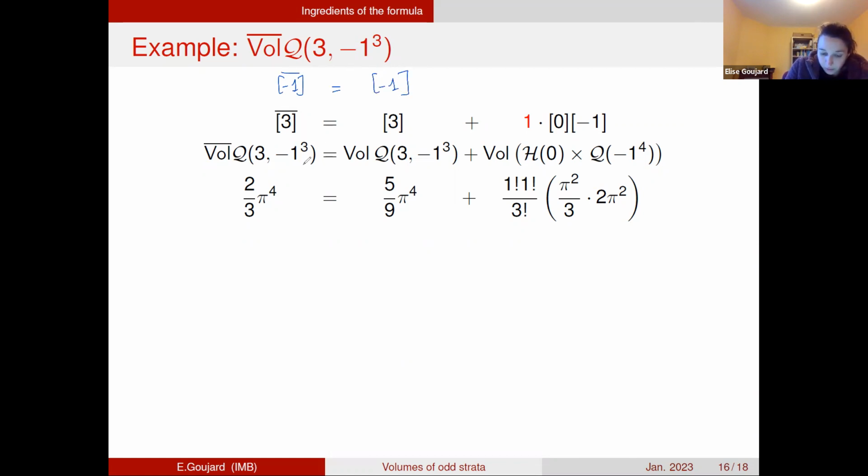So to compute the complete volume of this stratum, you consider individually each singularity, and you replace it by a linear combination. So each minus 1 I just replace by minus 1, and the 3 I replace by 3 plus 0 and minus 1. So it translates exactly to this formula.